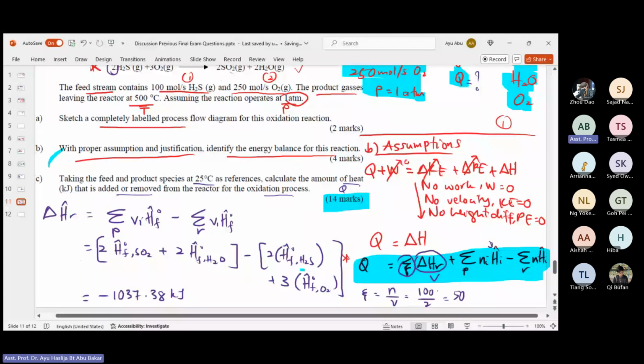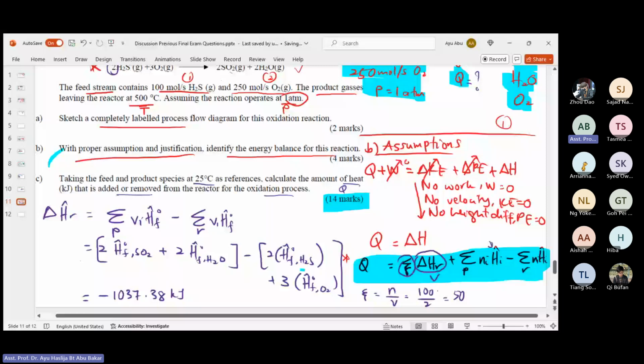Okay, so we have settled the first part of the equation. Now the second part, which is the total of product minus reactant. Okay, total heat from the product and reactant.